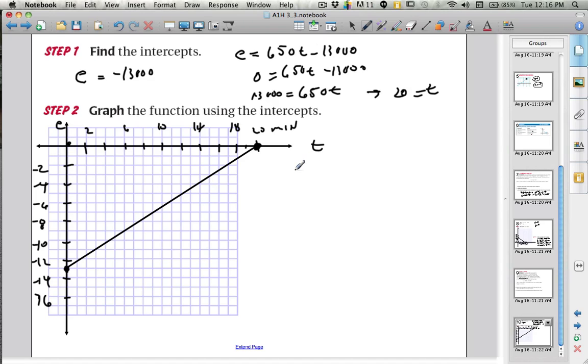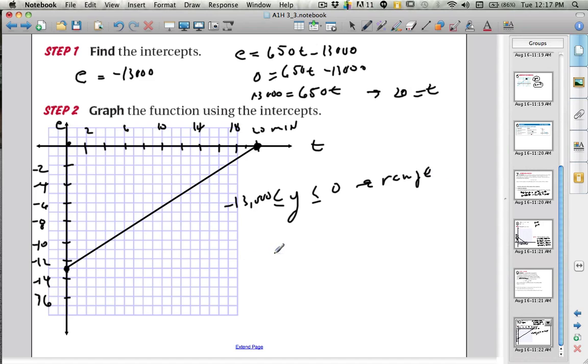Okay, if we start looking at the domain, you notice that my y values are all below 0. So y is greater than or equal to negative 13,000, but it's less than or equal to 0. That's the distance between the ocean surface and the ocean floor. And that is my range.